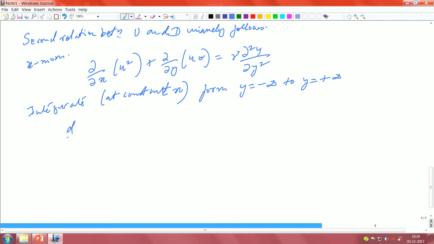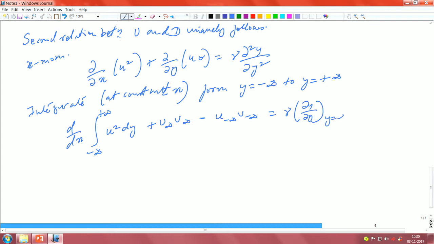So, you have d by dx of the integral from minus infinity to plus infinity of u square dy, plus u infinity v infinity, that is the first term, minus u minus infinity v minus infinity, that is equal to gamma times du by dy evaluated at y equal to infinity minus du by dy at y equal to minus infinity.